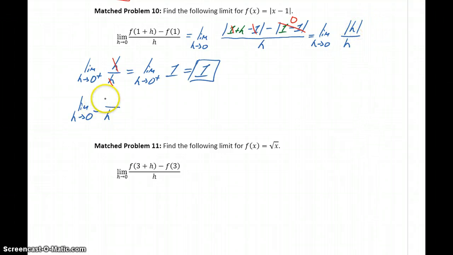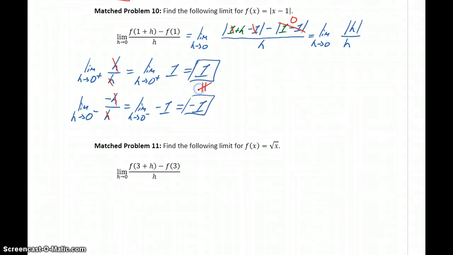So what we're getting is the opposite of whatever we plug in for h. Again, h over h is going to cancel out. So we're left with the limit as h approaches 0 from the left-hand side of negative 1. The limit of a constant, again, is just that constant.